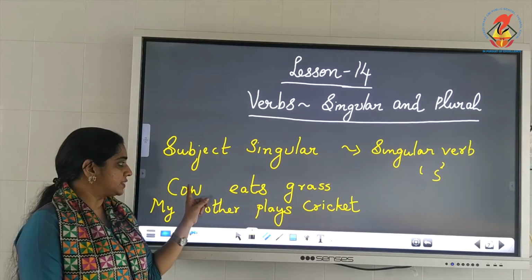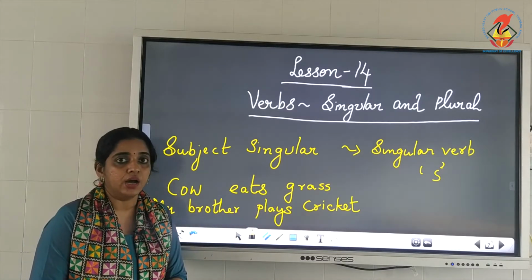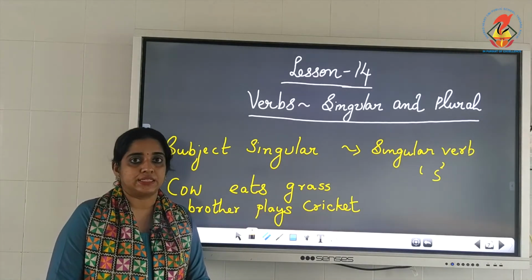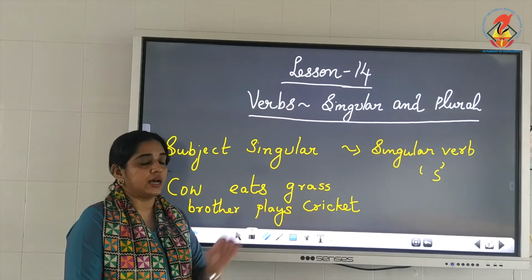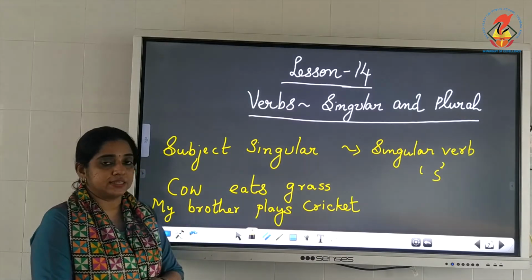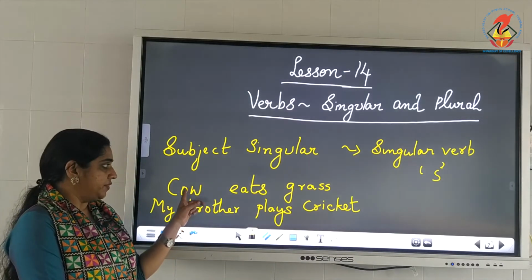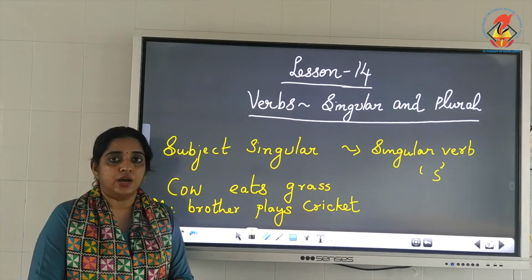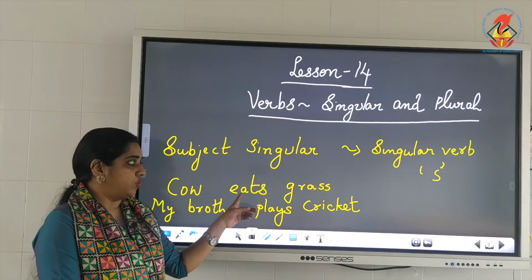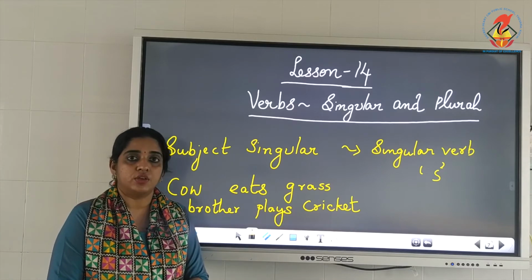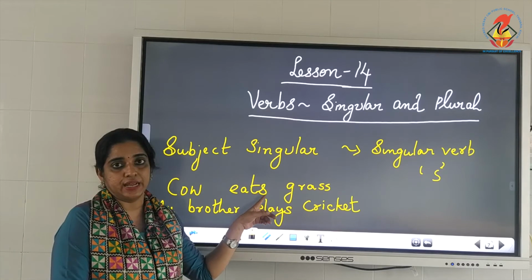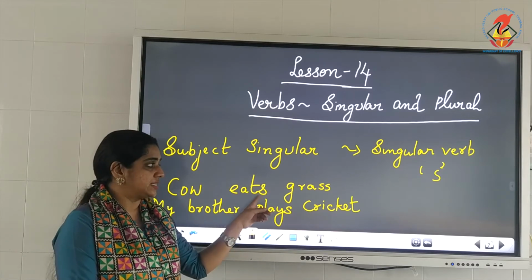So if the subject is singular, the verb should take the s form, eats grass. You have to be very careful when you study this lesson, because if the subject is singular, the verb should also be singular. Here the verb should have one s letter at the end. Eats grass.